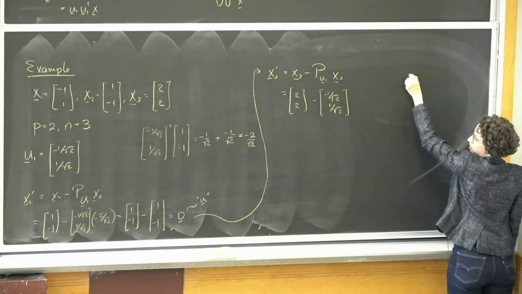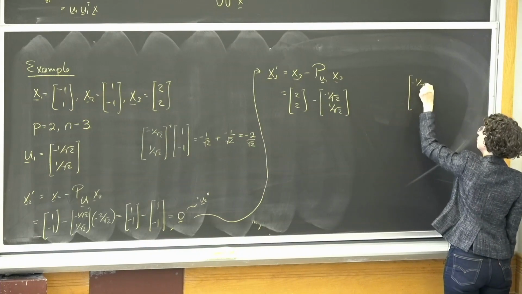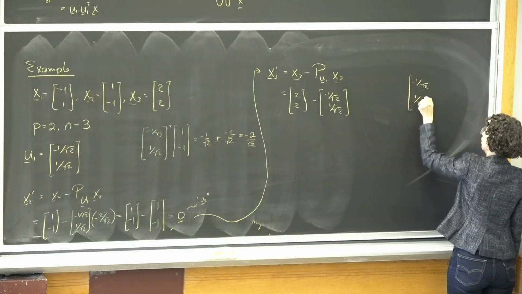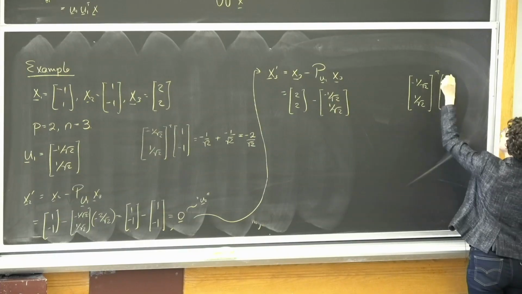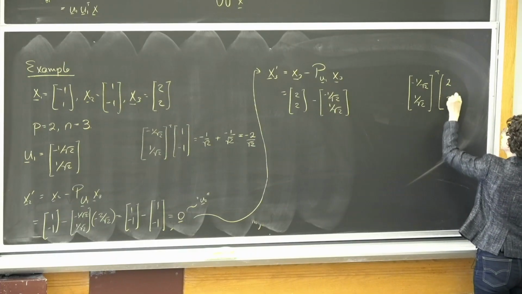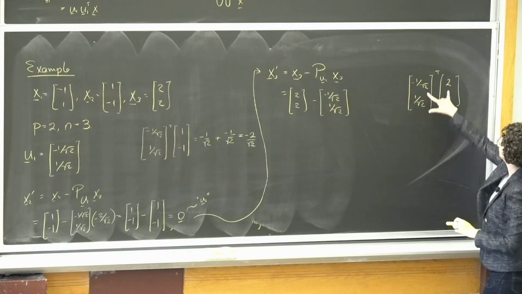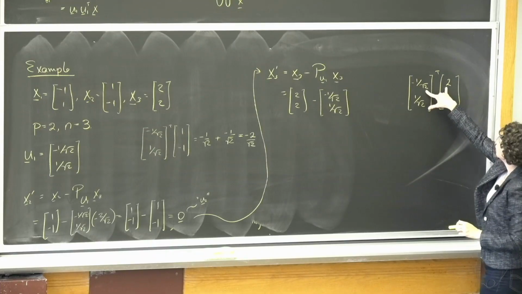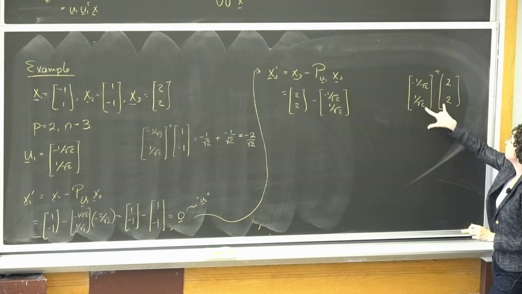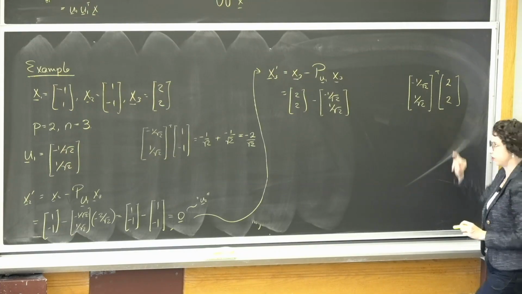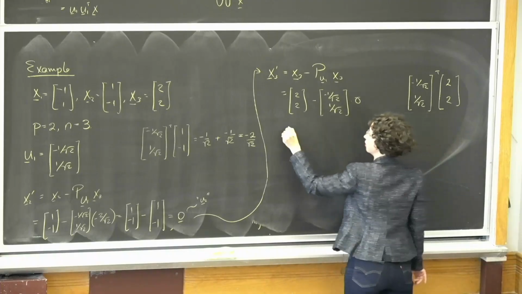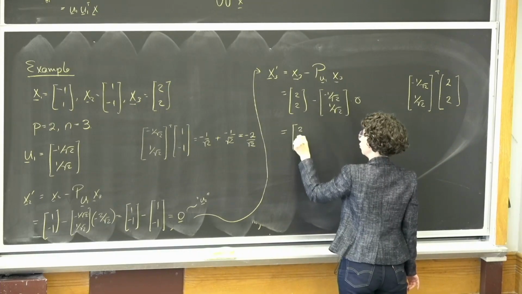Maybe we'll just be super pedantic over here too. So we're taking the inner product of u1 and x3. And so we are going to get negative 2 over root 2 plus positive 2 over root 2, which is equal to 0. Good. Okay, so then the residual is simply 2.